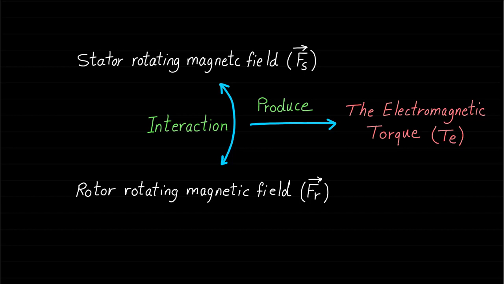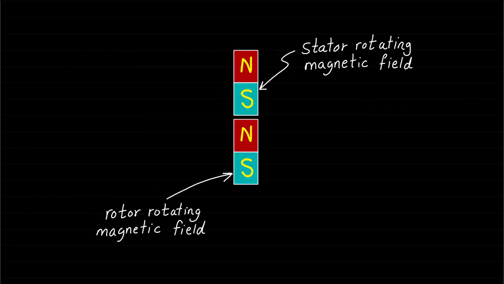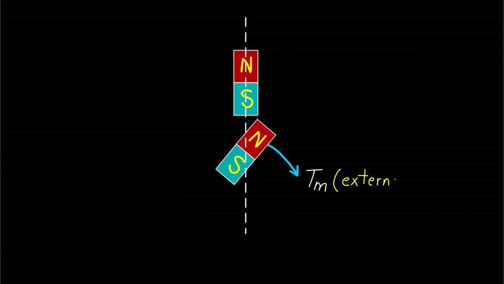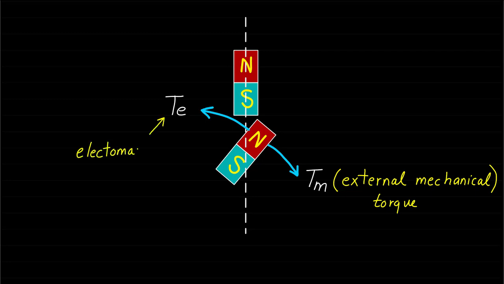Basically, the stator rotating magnetic field behaves as a magnet and the rotor rotating magnetic field behaves as a magnet as well. These two magnets attract each other and align. Now, if the two magnets are misaligned by external mechanical torque Tm, the two magnets will produce a counteracting electromagnetic torque to avoid further misalignment. Let's explain this concept for both the synchronous generator and synchronous motor.